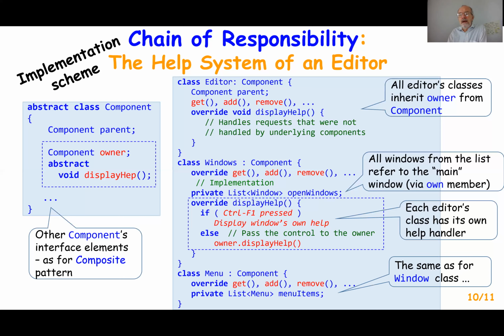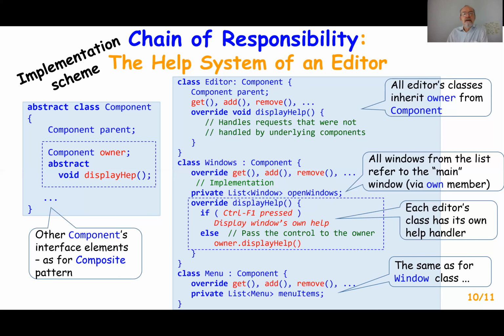In our example, I don't have enough room to write the same functionality for menu. This looks exactly the same as display help overriding display help on Windows class. Okay, so that's basically it about implementation of chain of responsibility.